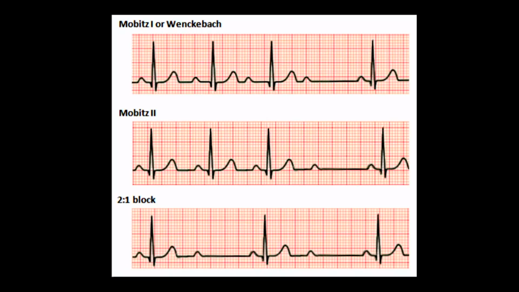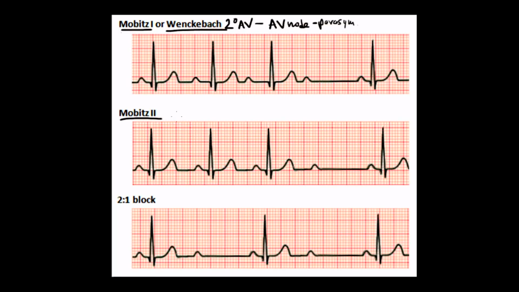Okay, so here's a good example of what they look like. Here we have Mobitz type 1, as we mentioned, otherwise known as Wenckebach, and we have Mobitz type 2. We'll talk about 2-to-1 block in just a second. Remember what we said, Mobitz type 1 is a second degree AV node block that occurs actually in the AV node, okay? And it is affected by parasympathetics, okay?